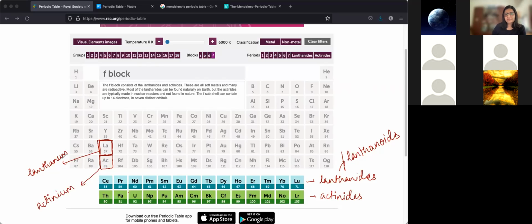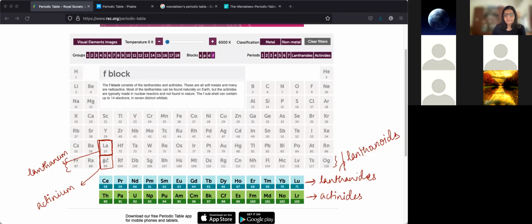Lanthanum's followers are lanthanoids. Actinium's followers are actinoids. As simple as that. And again, all of these elements show similarity with actinium. Actinium is not very radioactive. Proper radioactivity starts later. All of these in the last row are radioactive.